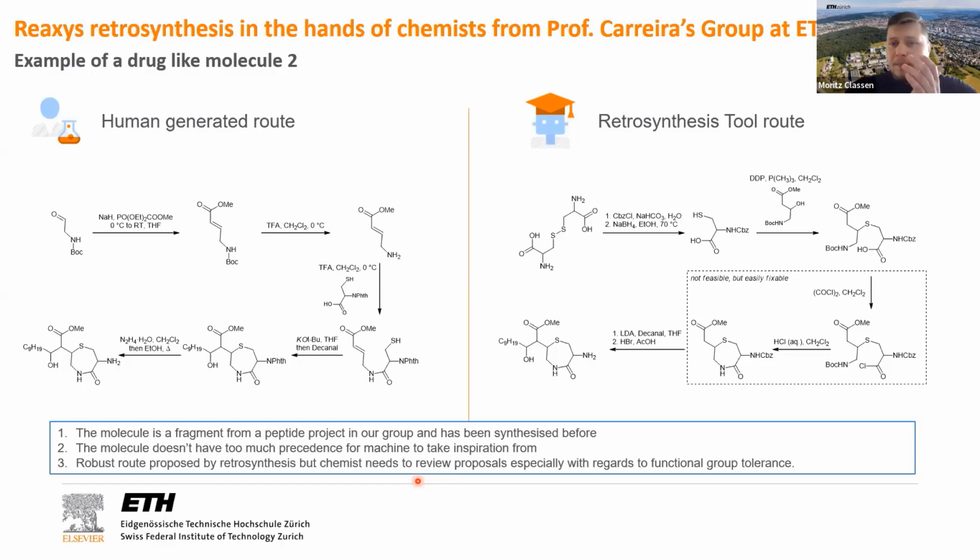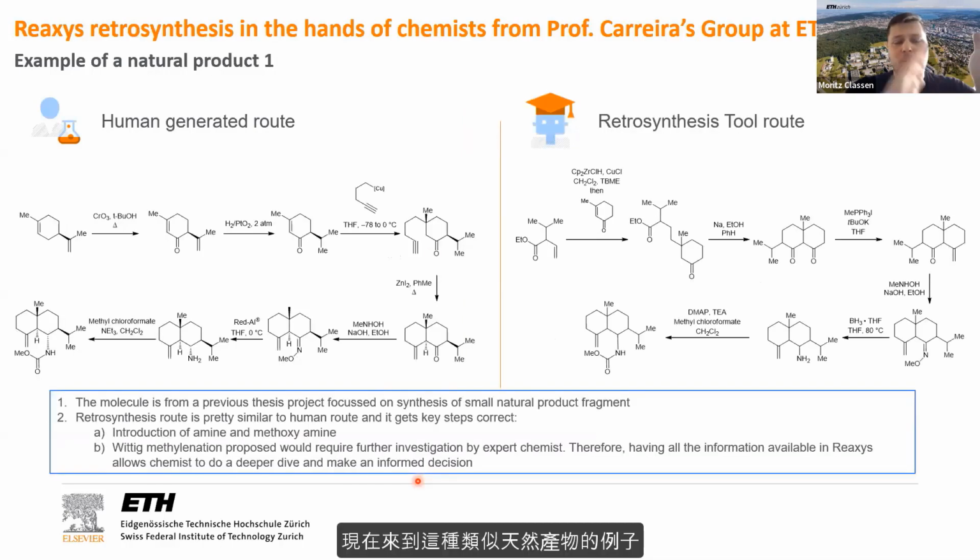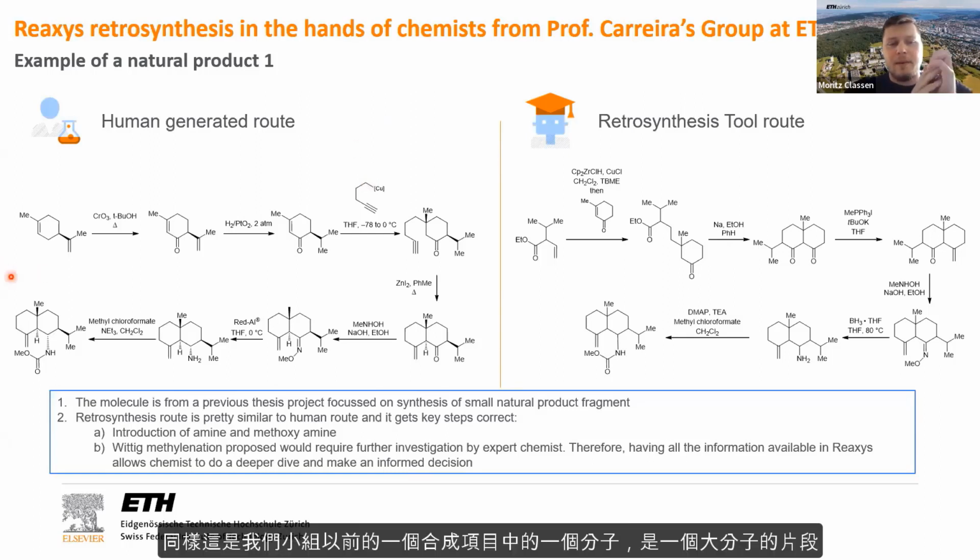So we now move to these sort of natural product-like examples. Again, this is a molecule that had been a previous synthesis project in our group as a fragment of a larger molecule.